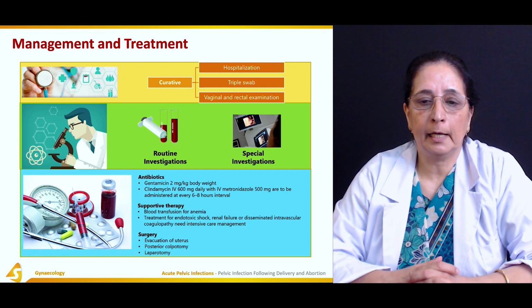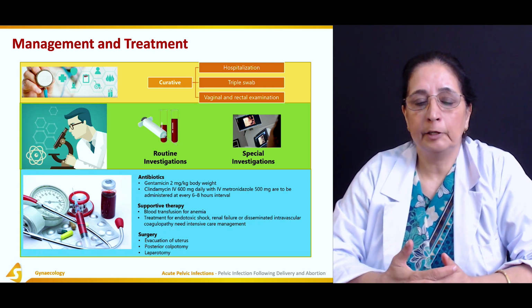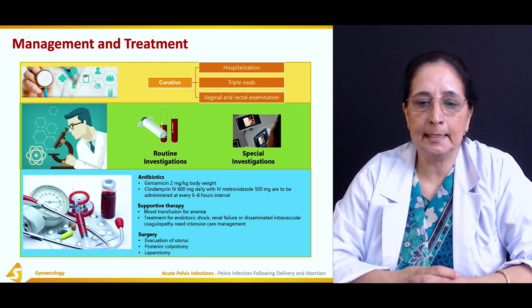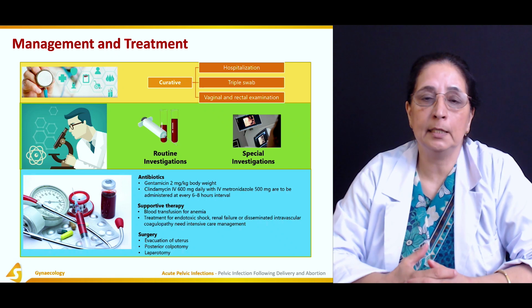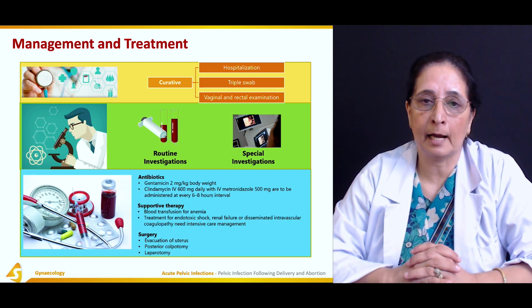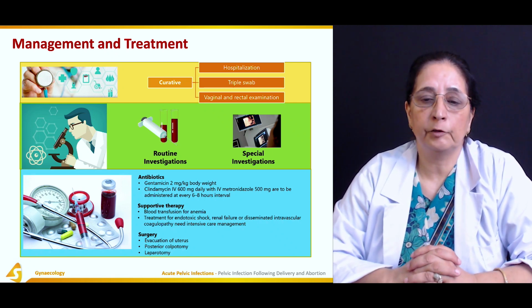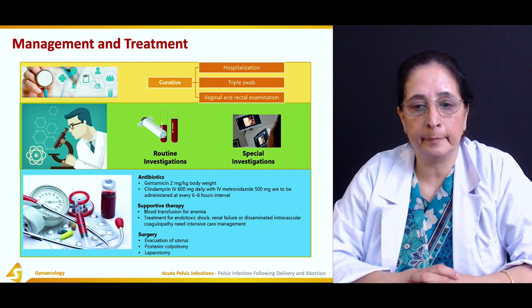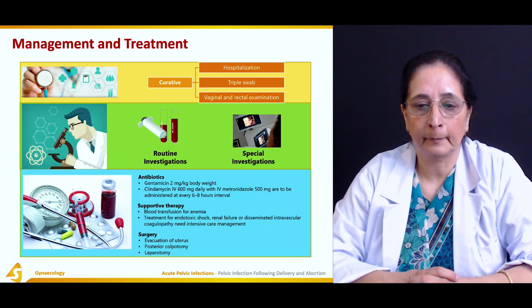Then supportive therapy is blood transfusion for anemia, and treatment for shock, renal failure, and DIC. All these are serious conditions and have to be treated on an emergency basis if shock is present.